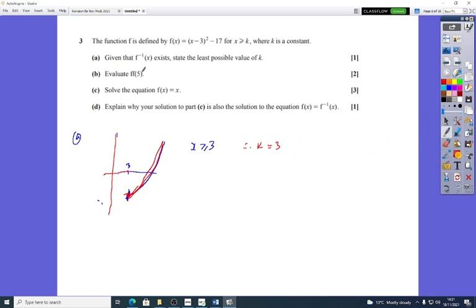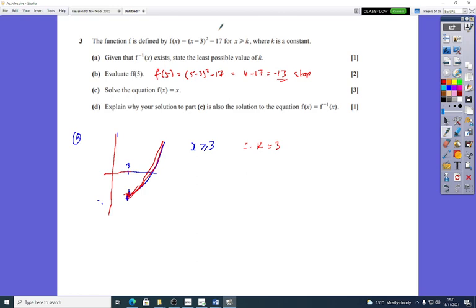That's done. Now the next one is evaluate this. So if I put f in here, f of 5, let's put that in first. 5 goes in there, which gives me 5 take away 3 squared minus 17. Now if I put that in, that will give me 2 squared is 4, 4 take away 17 is minus 13. Stop. Why would I stop?